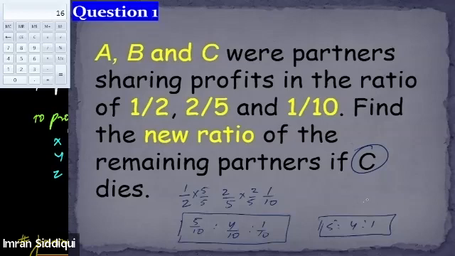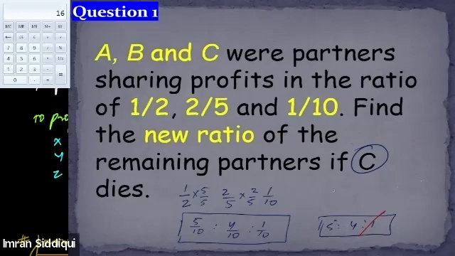Tell me, Aman, did you understand this point, yes or no? Yes, sir. Okay. Now the question says that C is retiring, but it does not tell us how much proportion of his share needs to be transferred to A and B. The question is silent about the proportion of C's share to be distributed between A and B. In such a case, we simply strike off C's share, and the remaining share is considered the new profit sharing ratio for the remaining partners.